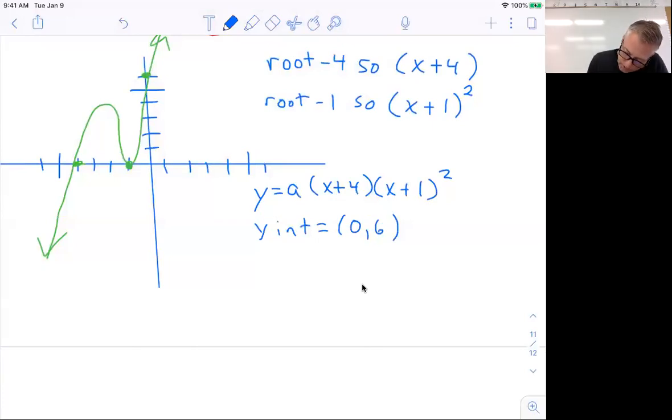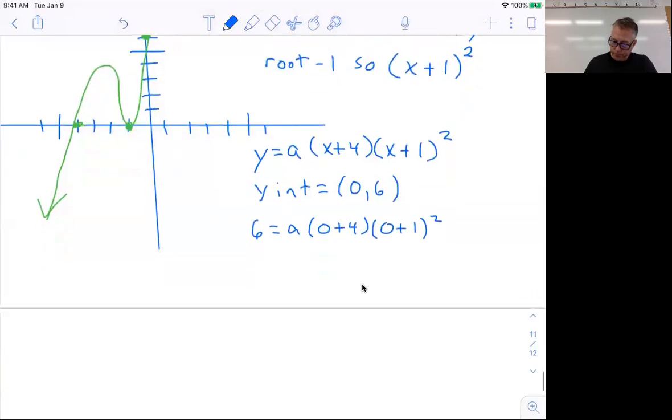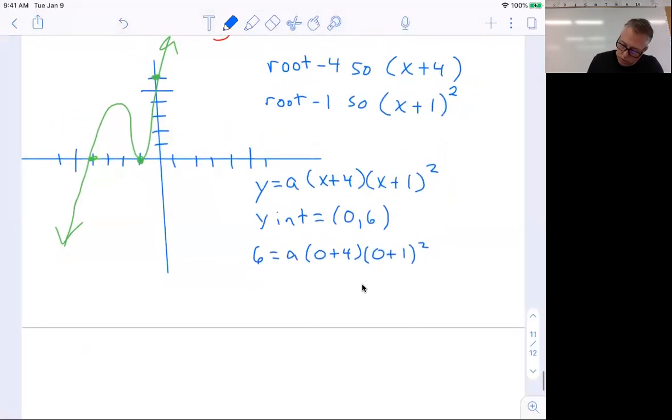So I'm going to rewrite this as 6 equals a times 0 plus 4 times 0 plus 1 squared. And now I can figure out what a is. So that's 1 squared, which of course is 1, times 4 is 4. So I have 6 equals 4a, or a is 6 over 4, which is 3/2.